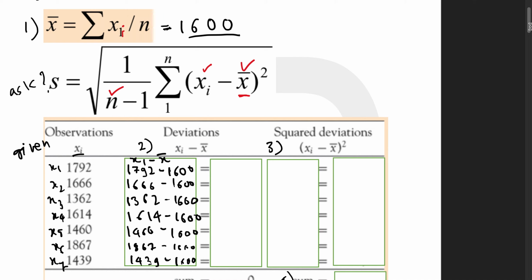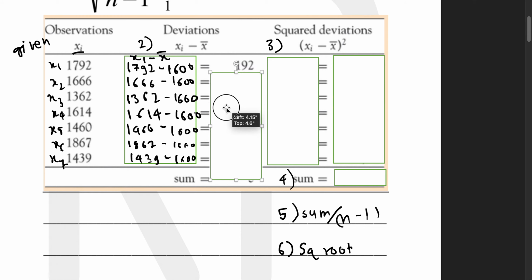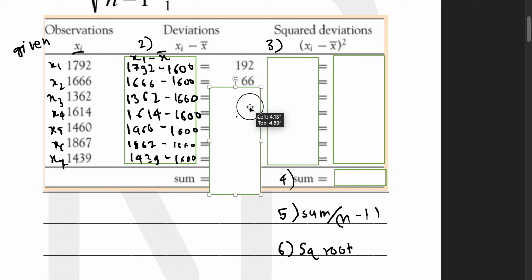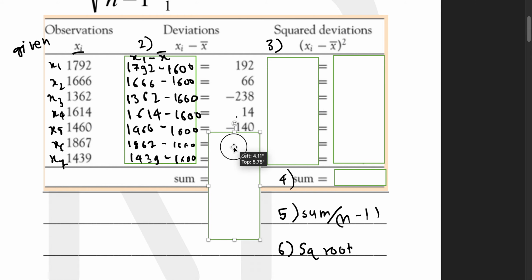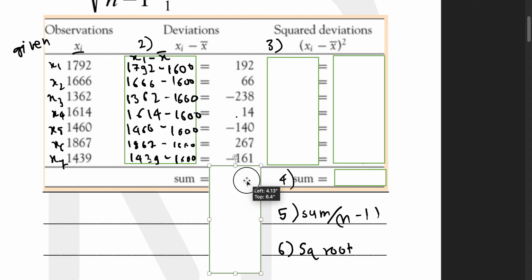So now if you do the simple subtraction here, you get the answers: 192 for 1792 minus 1600, 66 for 1666 minus 1600, then a negative value, negative 238, then 14, then negative 140, then 1867 minus 1600 is 267, and 1439 minus 1600 is negative 161.